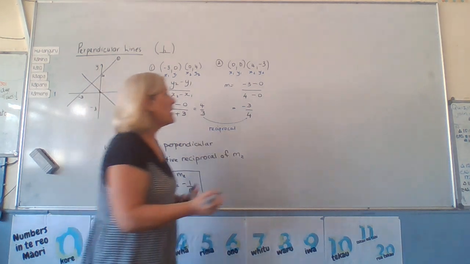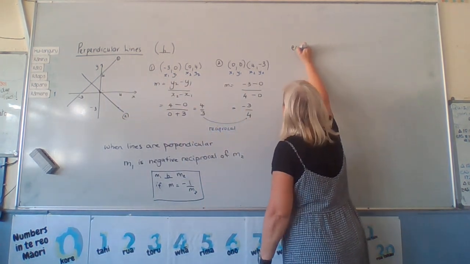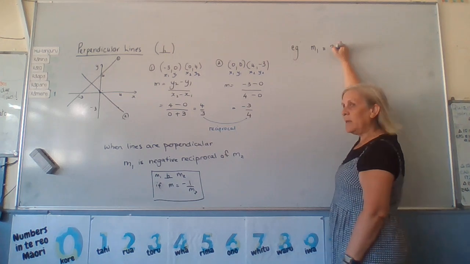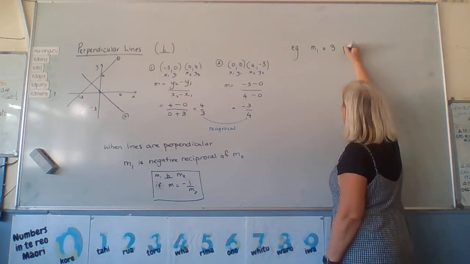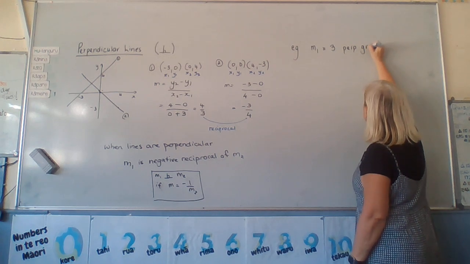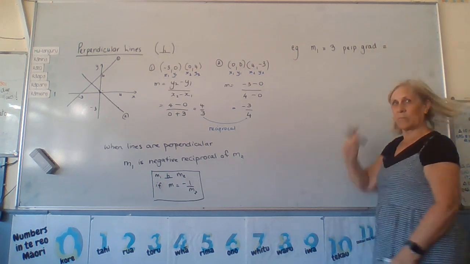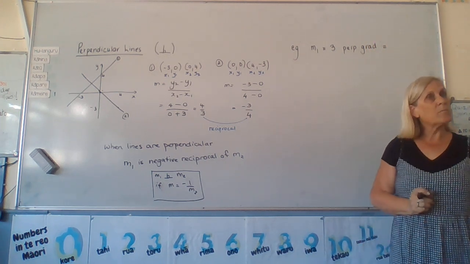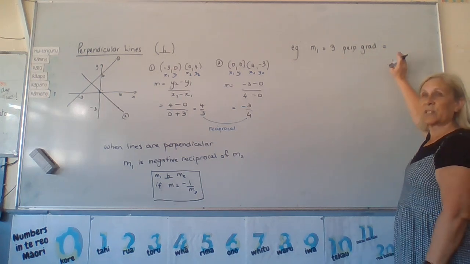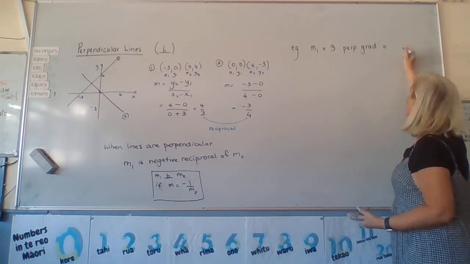Right? So, easy version, if I have M1 equals 3, then the perpendicular gradient is what? If the first one is 3, the second one is going to be negative, good.